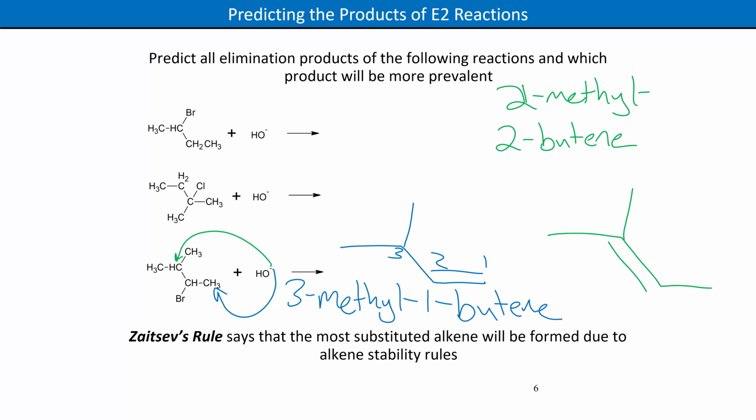Because the alkene group is on this side, we have to start counting over here. It's more important to keep this number low than it is to keep the methyl group low. Basically, whatever's last in the name is most important, and that's the one you want to keep as low as possible.